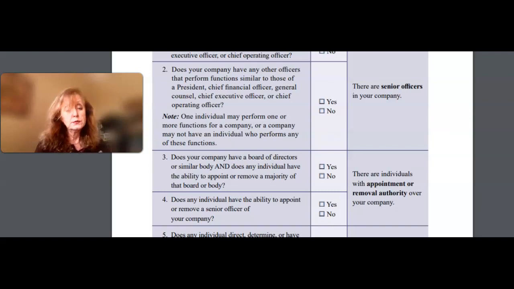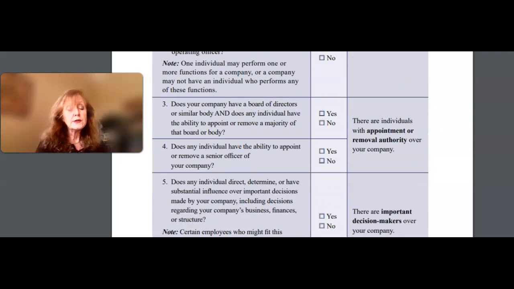And the qualification here is, does any individual have the ability to appoint or remove a majority of that board or body? Okay, so we're looking at someone that has the capacity to appoint or remove a board. Does the individual have the ability to appoint or remove a senior officer of the company? Okay.